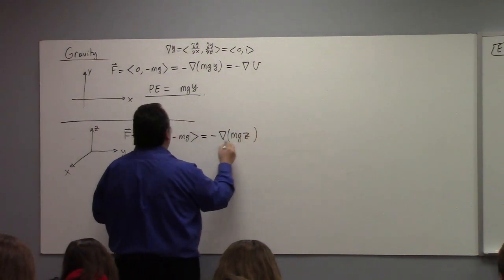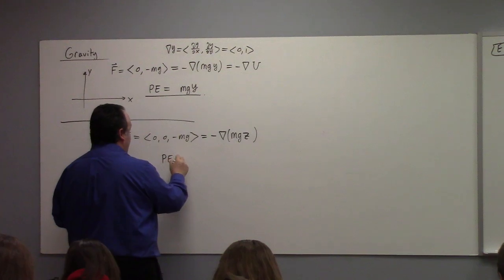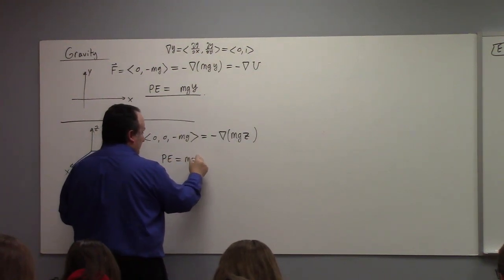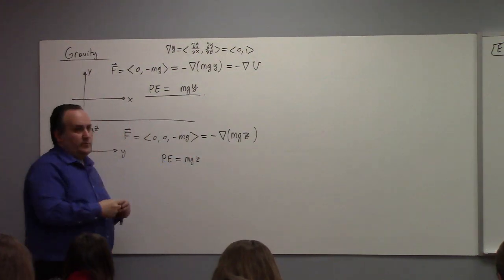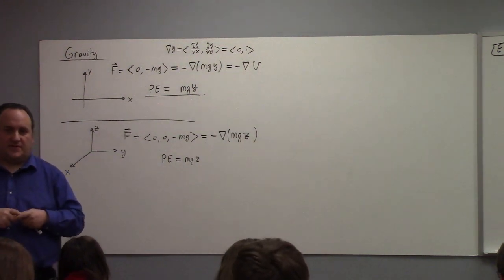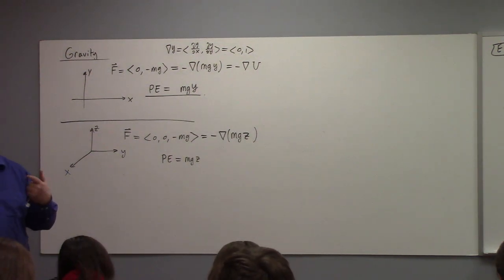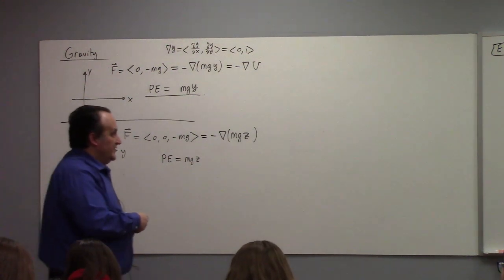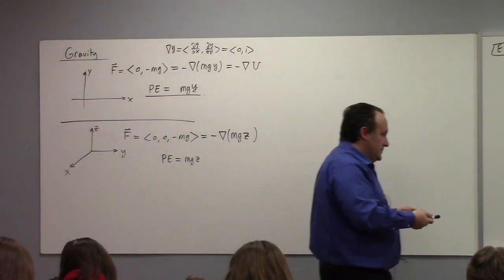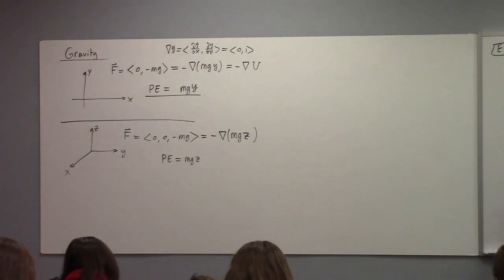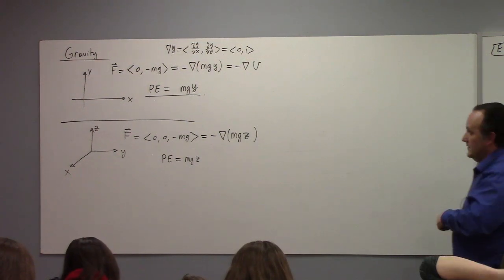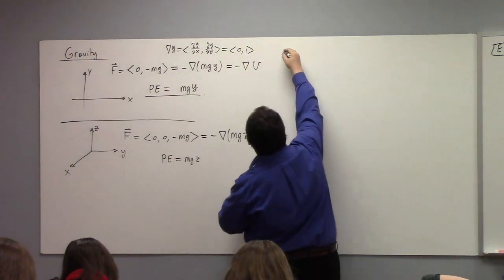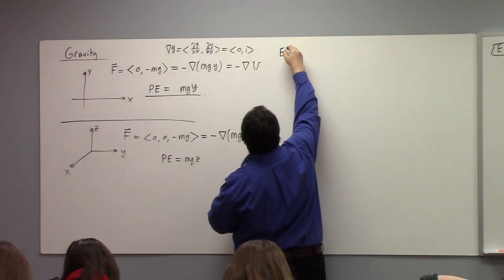So in 3 dimensions, we could write the potential energy for gravity is just mgz. More generically speaking, sometimes if I don't want to label x and y and z, I just use h for height, right? So if you just want to think about h being the altitude, you can do that. So potential energy due to gravity is just mgh.